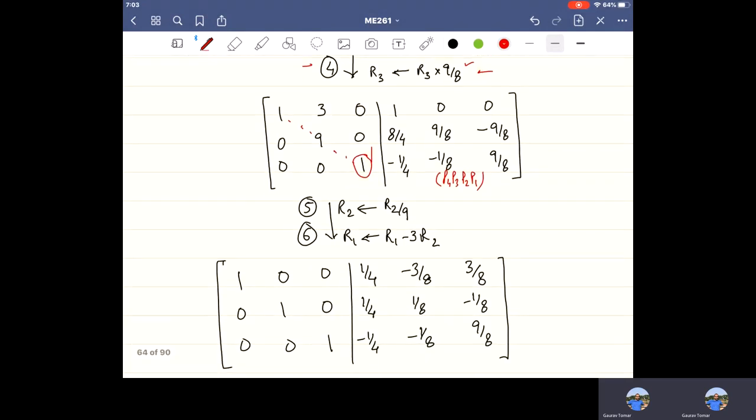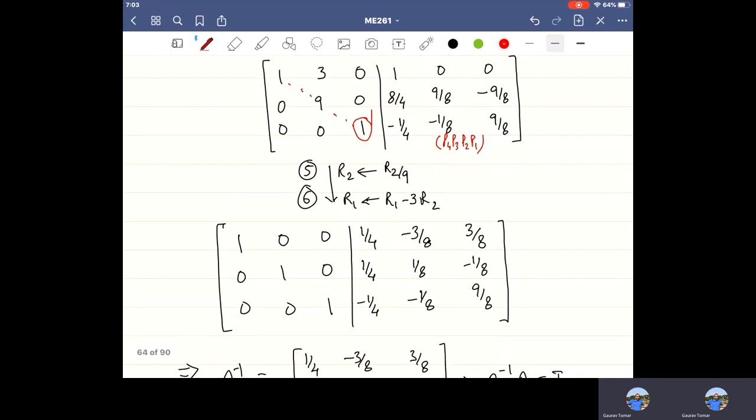By doing another 2 sets of these row operations, R2 as R2 by 9, we have scaled this number to 1. These 2 have been reduced to 0. Now the only task is to reduce this number 3 to 0, and that you do by subtracting 3 times row 2 from row 1 and replacing row 1.